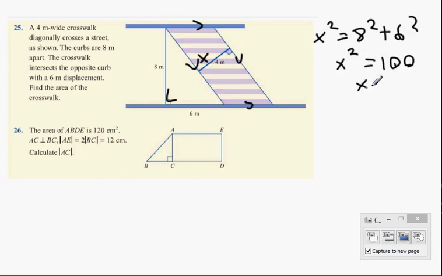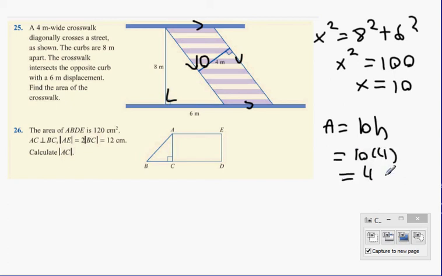X therefore is going to equal 10. It's a length of 10. This means that the base of this parallelogram is 10 and the height of the parallelogram is 4. So area equals base times height, which is going to be 10 times 4. The area of this is going to be 40 meters squared. So that's our path done.